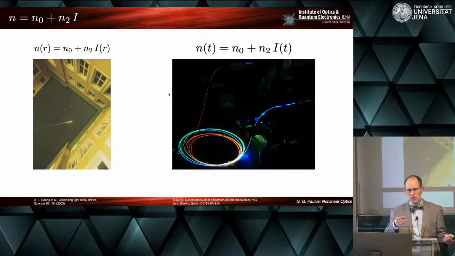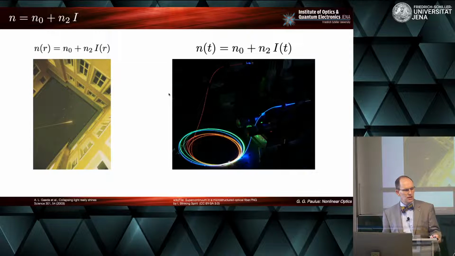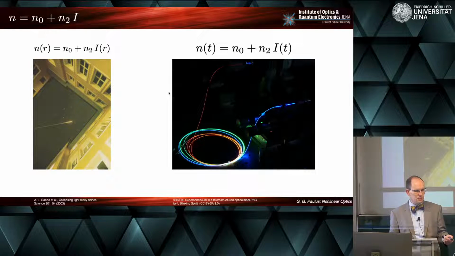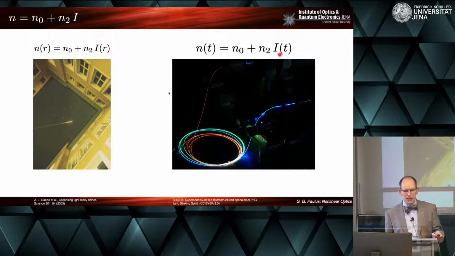Typically, the beam has more intensity on the beam axis, but actually this is not always the case. You can also produce other kinds of beams. But if you have such a beam, then you immediately deduce from Fermat's principle that you should get something like self-focusing. Yeah?